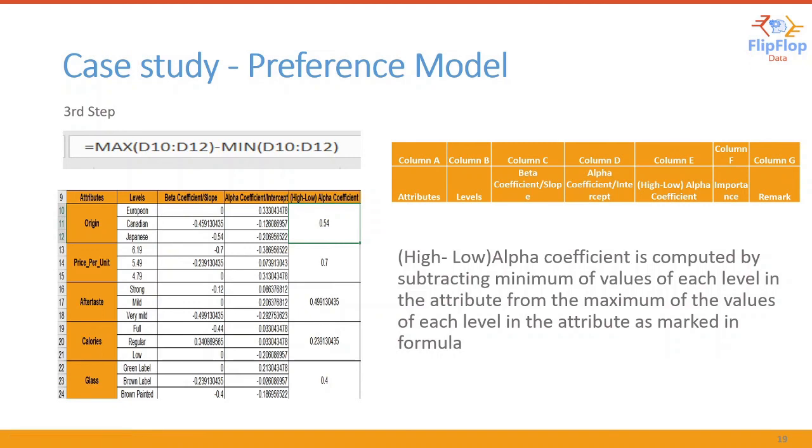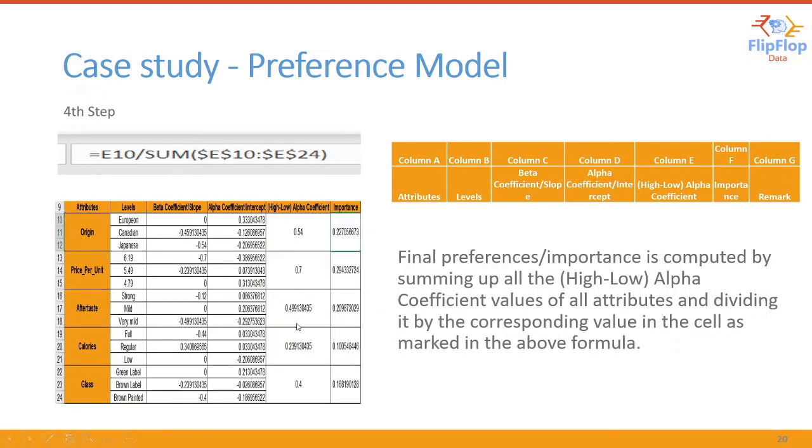Then comes another step. Here the final importance is calculated from the high minus low alpha coefficient. How is it done? It is computed by summing up all the high minus low alpha coefficient values of all the attributes and dividing by the corresponding value in the cell, as again mentioned in the formula above.